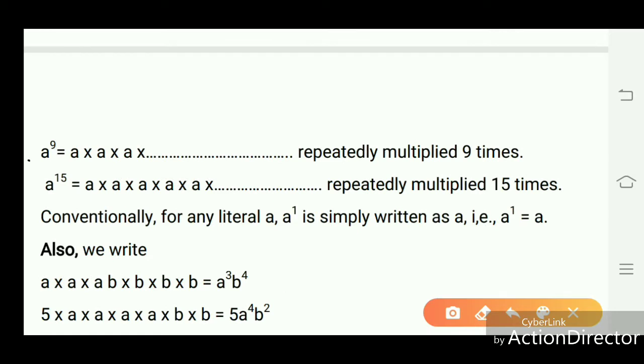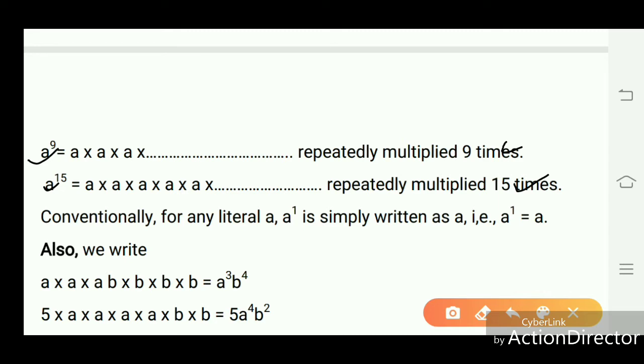Now a power of 9 equals a multiplied by a multiplied by a and so on, repeatedly multiplied 9 times. Now a power of 15 is a multiplied by a multiplied by a, repeatedly multiplied 15 times.